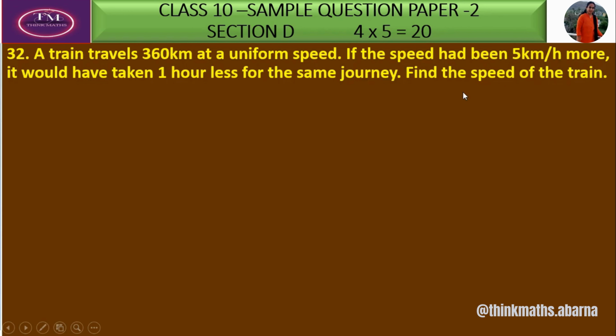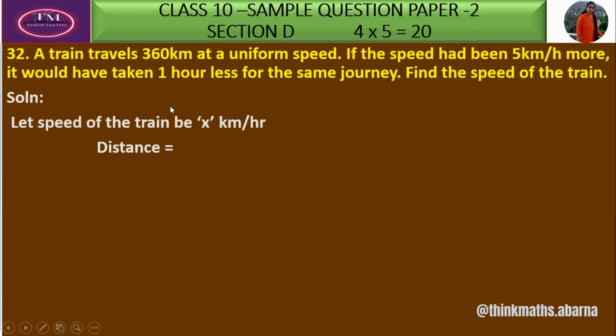Okay children, now let us start the solution. Let us assume the speed of the train as x kilometer per hour, which is what we have to find out. What is the distance given? The distance is 360 kilometers. We know the formula: speed is equal to distance by time.